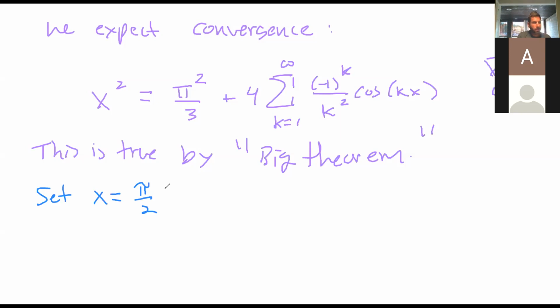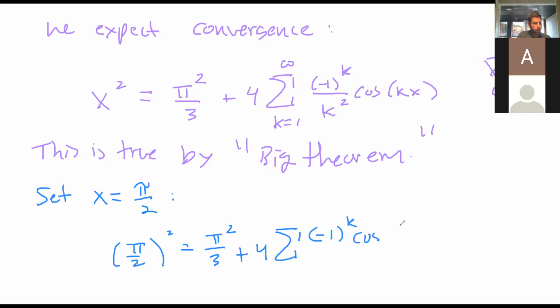Well, that's kind of boring. But let's see it anyhow. When you set x equal to pi over 2, on the left-hand side, you get pi over 2 squared equals pi squared over 3 plus 4, and then you get this.